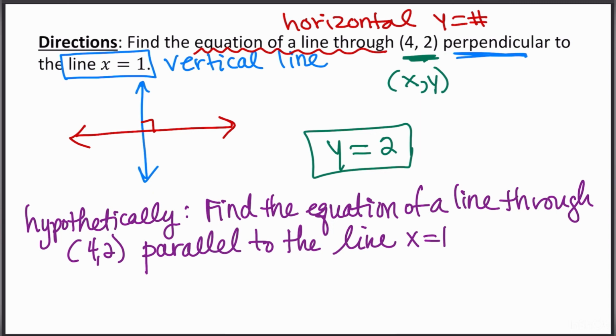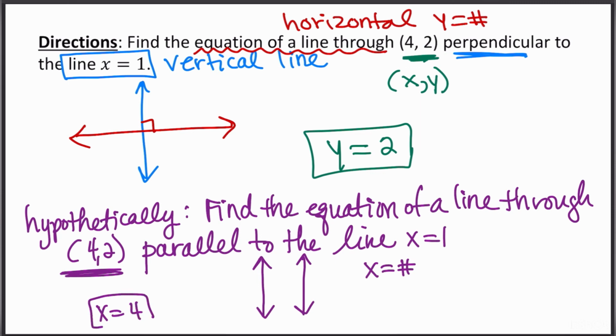X equals 1, like we said before, is a vertical line. But a vertical line is going to be parallel to another vertical line. And the equations of vertical lines are x equals some number. So if it has to pass through the point (4, 2), then my answer here would be x equals 4. So hopefully that makes sense.